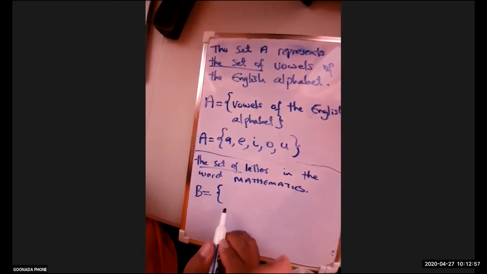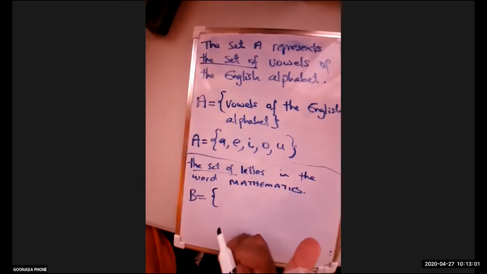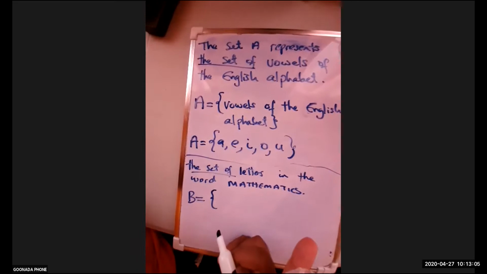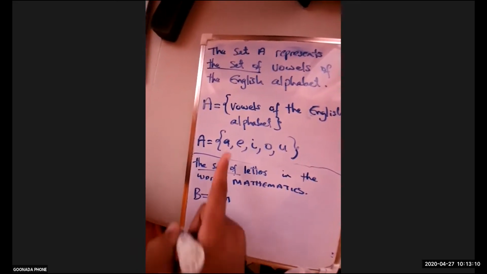I want somebody to tell me the elements. Can you all tell me the elements of it? I'm turning on everybody's mic. Help me. List the elements. M. Remember the elements are separated by a comma, right?